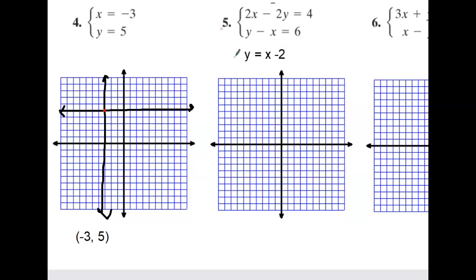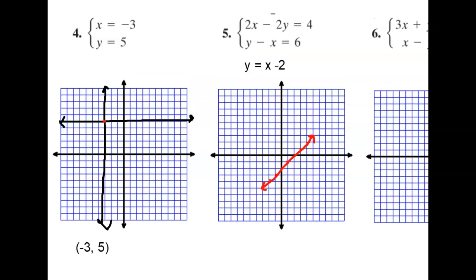So for the first equation, it goes through negative 2 and has a slope of positive 1. The second equation, that y to the other side, we get y equals x plus 6.